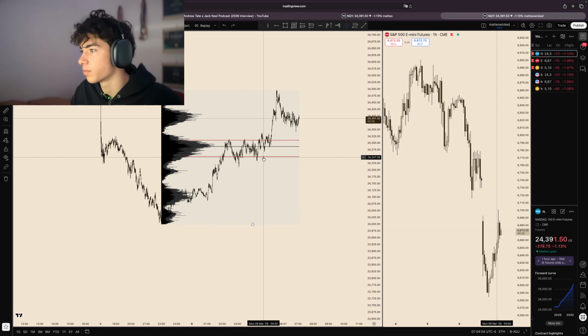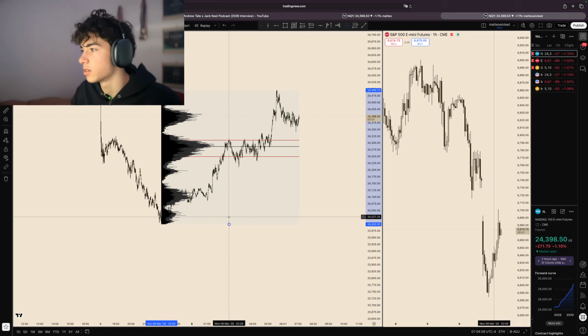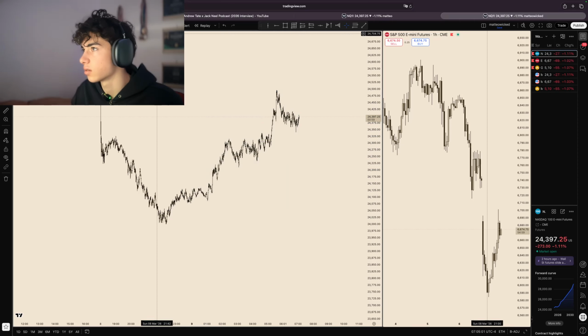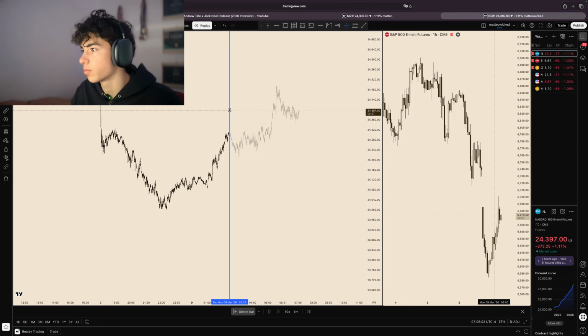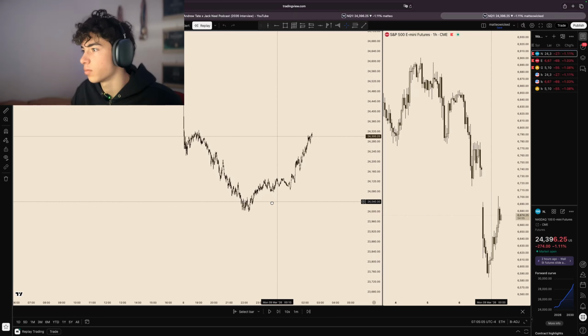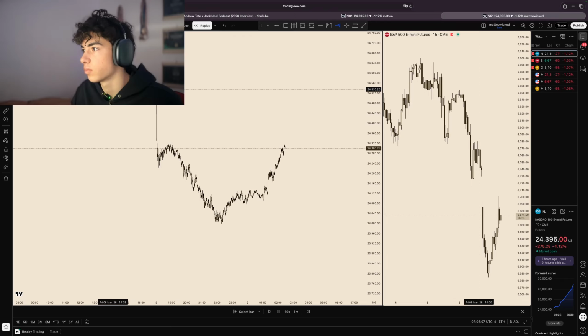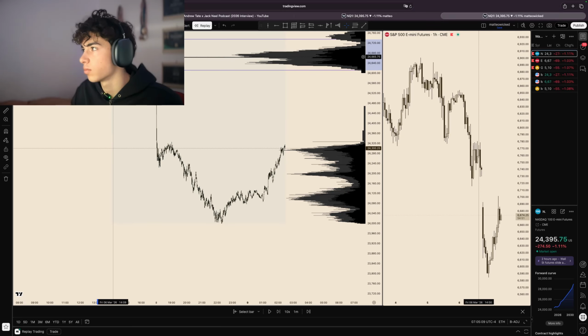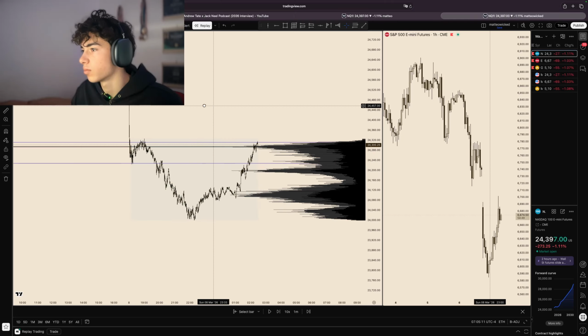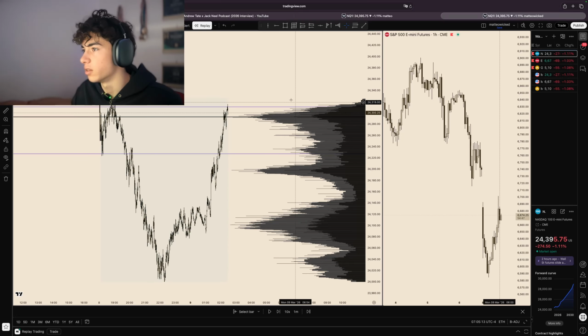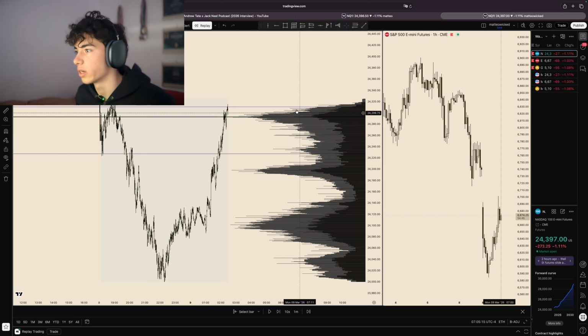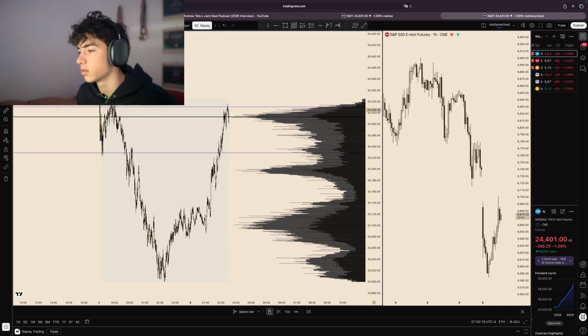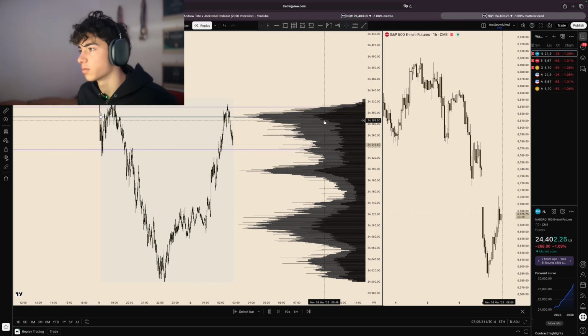And also, if we do like this, you already know that in this zone price will accumulate because the volume profile is already high here, okay?